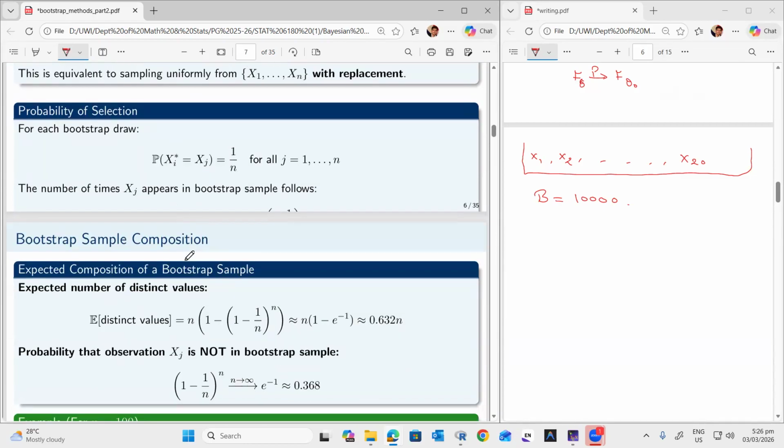As I told you, the probability of each bootstrap draw is 1 upon n. So the number of times xj appears in the bootstrap sample follows the probability 1 upon n.